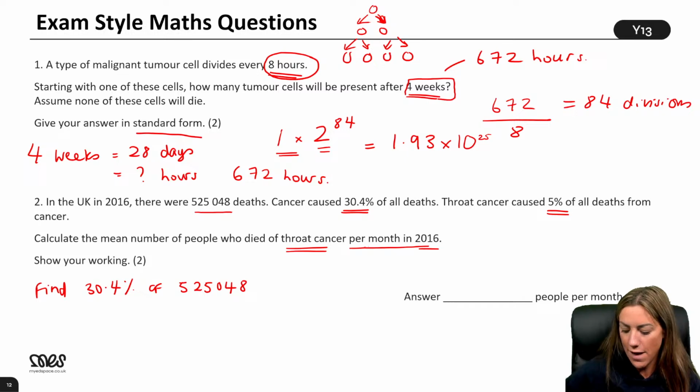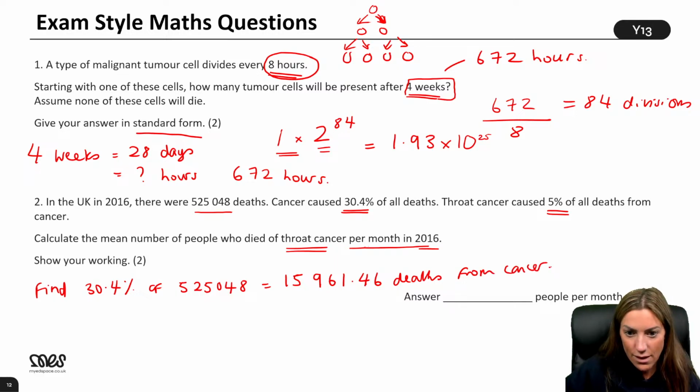So I'm going to do 525,048 times 0.304. Is that how you guys work out percentages, or do you do it differently? 15,961.46. Oh, how are you guys so fast?